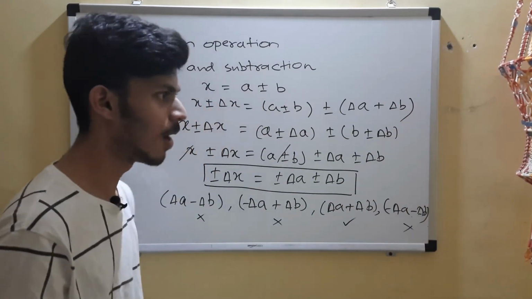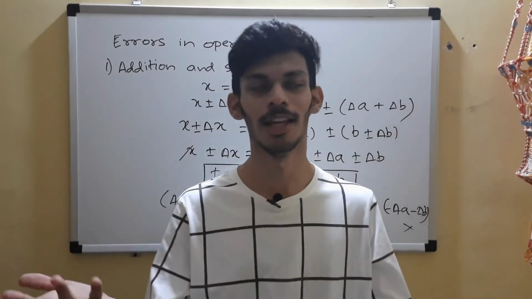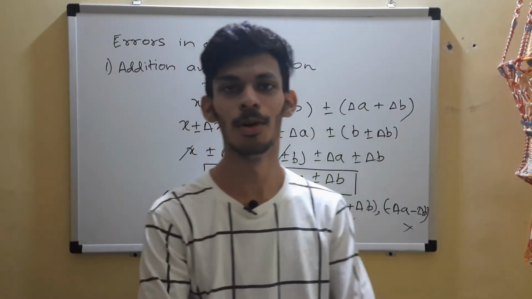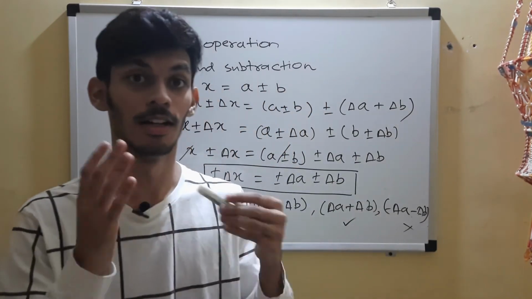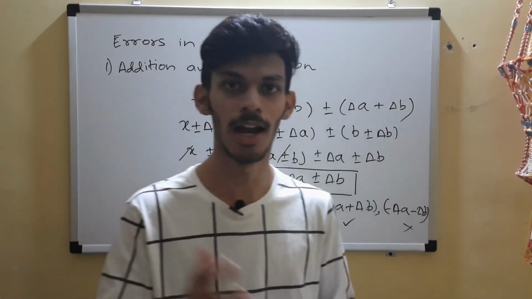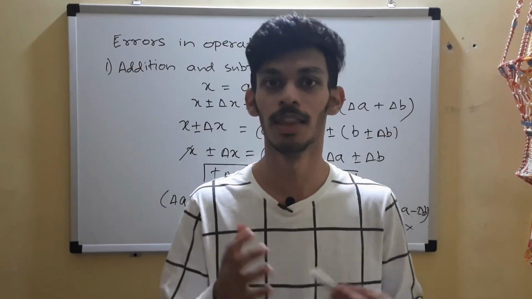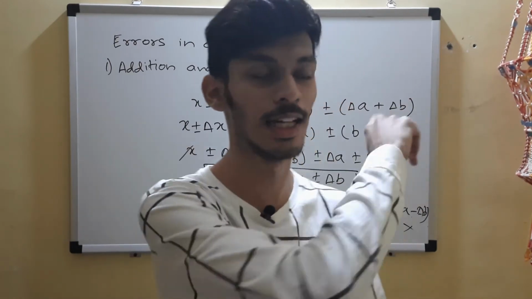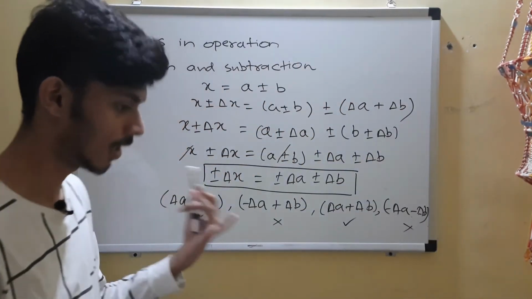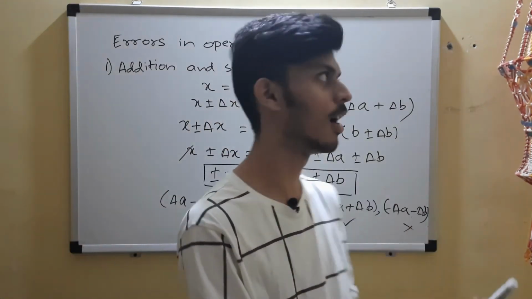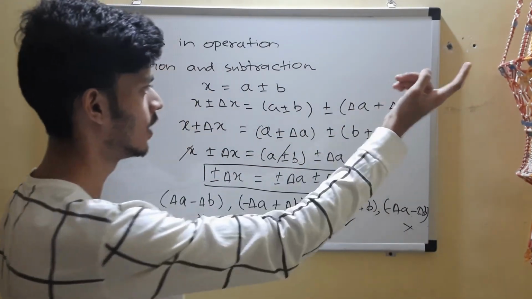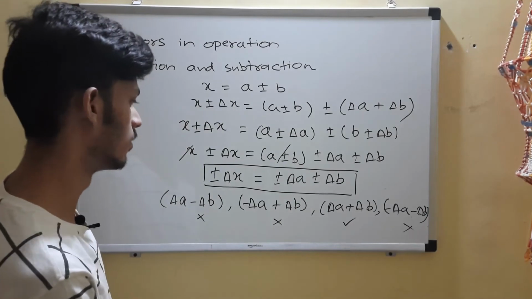So whenever you add or subtract two quantities, I'm making the statement now, the errors in them are always added. Whenever you add or subtract two quantities, the errors in them are always added. Errors are always added.